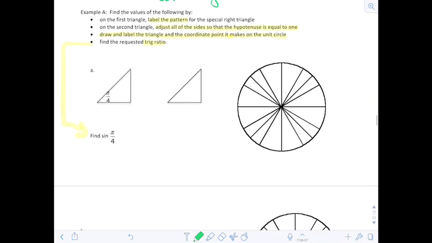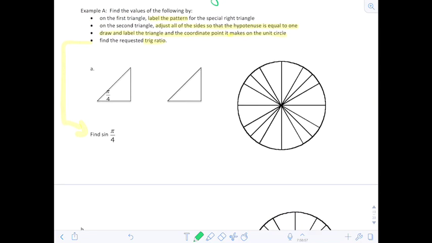Okay, and we're going to do this for the next 3. So the first special angle we're going to look at is our special right triangle with pi over 4, which is 45 degrees. So that relationship we know is x, x, and the hypotenuse is x root 2. So that's the pattern. The second thing they want us to do is adjust the sides. So we want the hypotenuse equal to 1 on this second triangle. And this represents a radius on the unit circle.